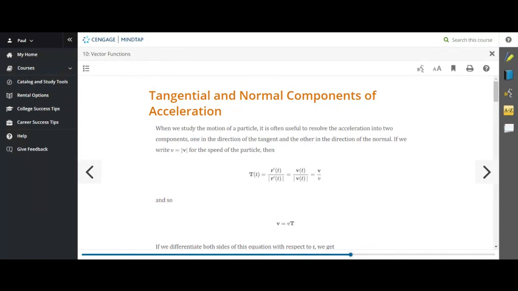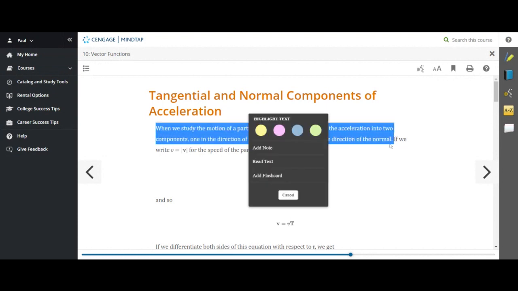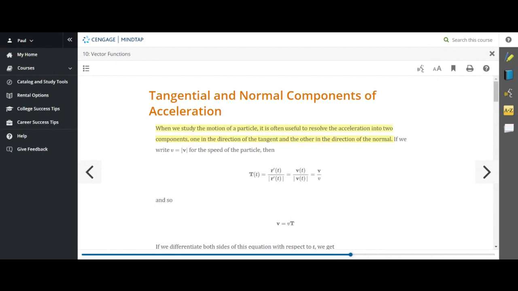Key thing here. When we study the motion of a particle, it is often useful to resolve the acceleration into two components, one in the direction of the tangent vector and one in the direction of the normal vector. So how do we do this?